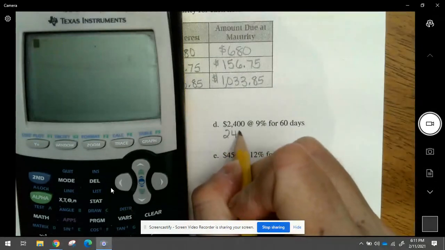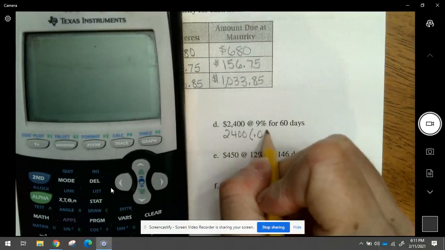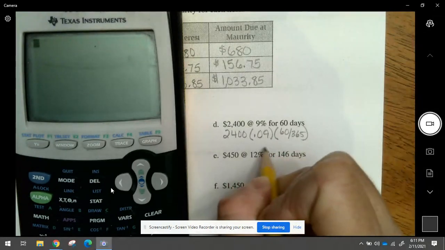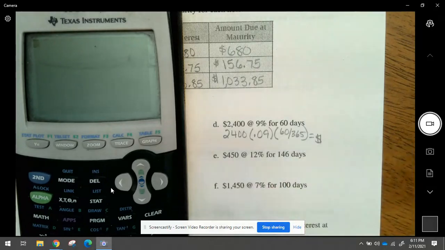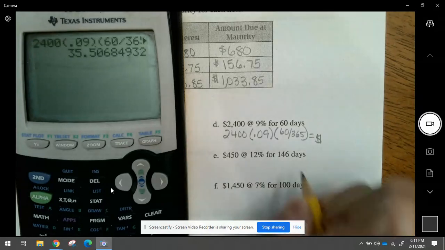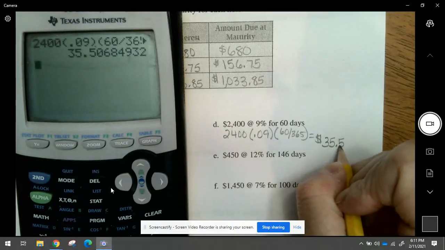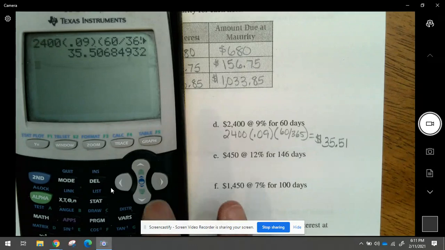Letter D, 2400 times 0.09 times 60 out of 365. Are you rounding correctly? $35, and this should be 51 cents.